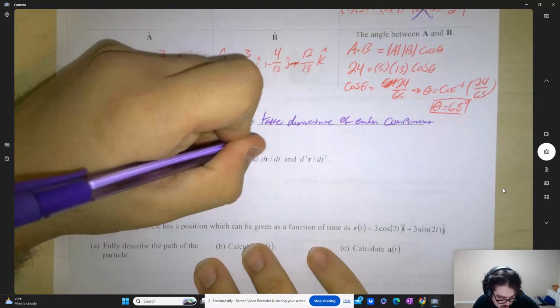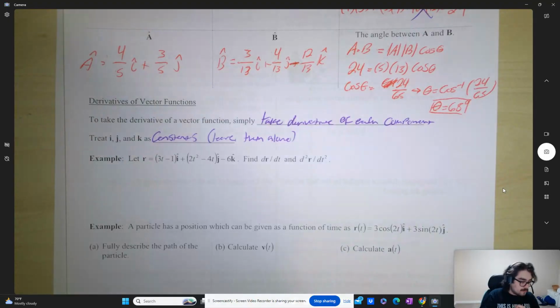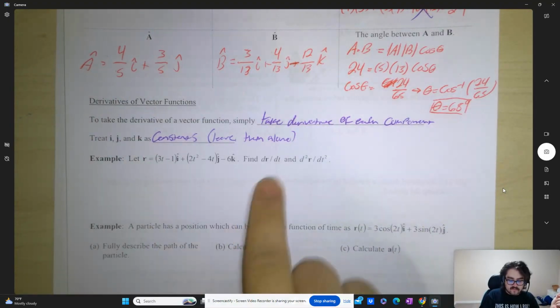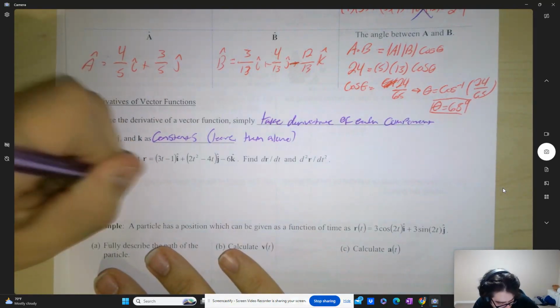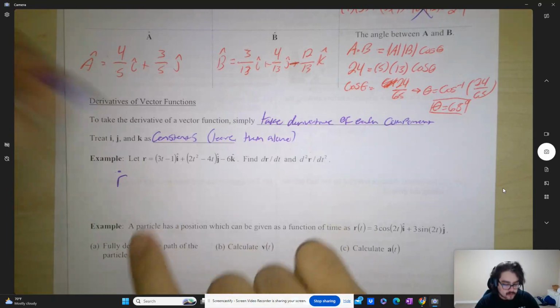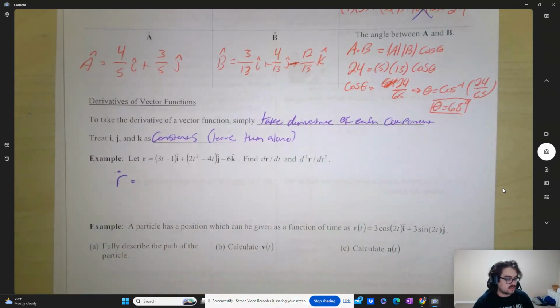So, for example, here's your vector r. We want to find the first and second derivatives of that. Let's find the first derivative of r. What I'm going to do is just take the derivative of everything that comes before i, j, and k, so I'm just leaving i, j, and k alone.